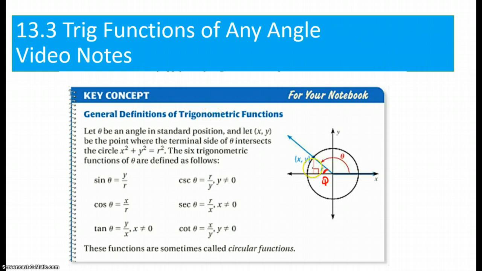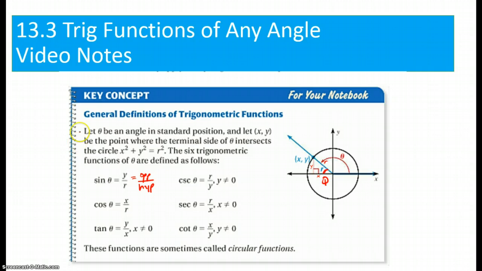So this side right here for angle Q would be the x value, and this would be the y value, and this would be the r value, which is right here. So sine would be opposite over hypotenuse, or y over r. So you see over here, opposite over hypotenuse.